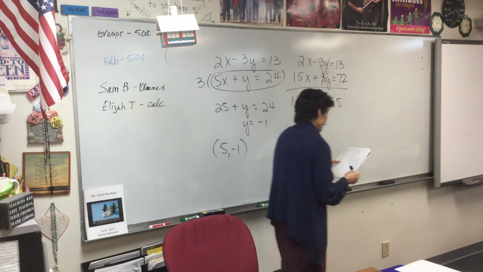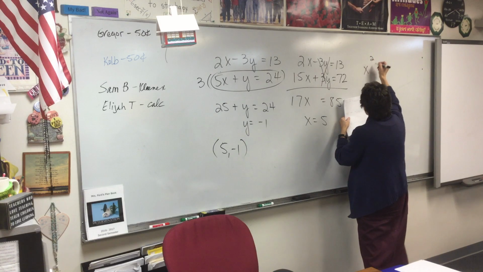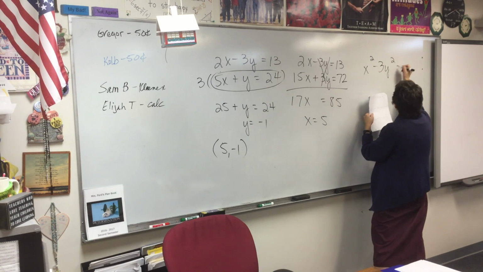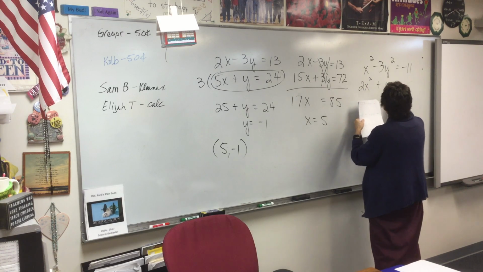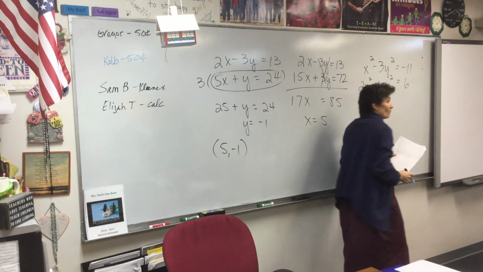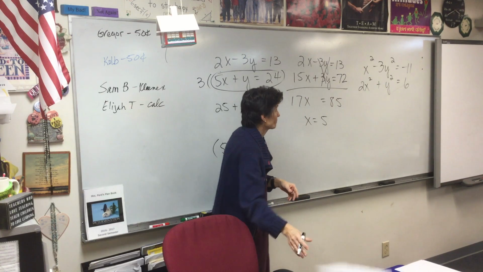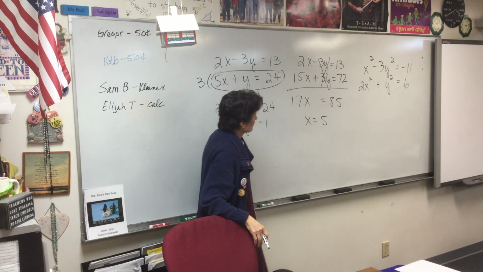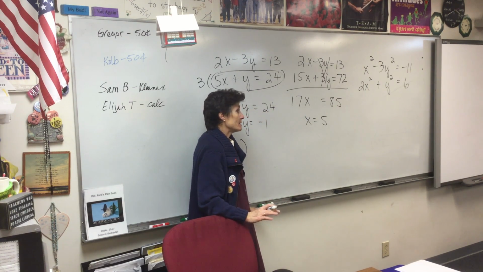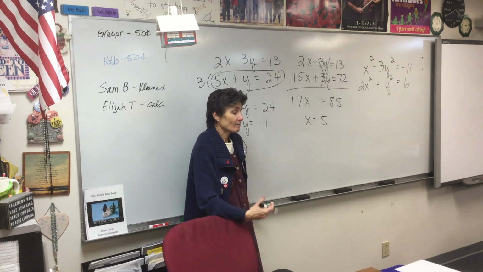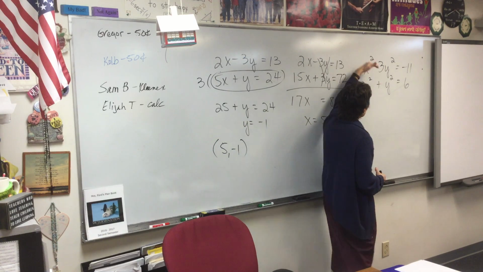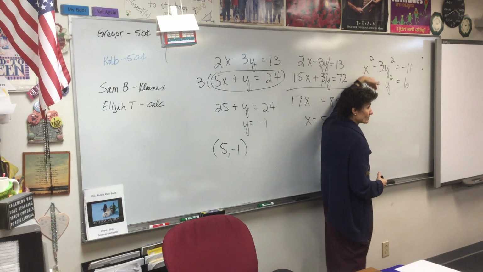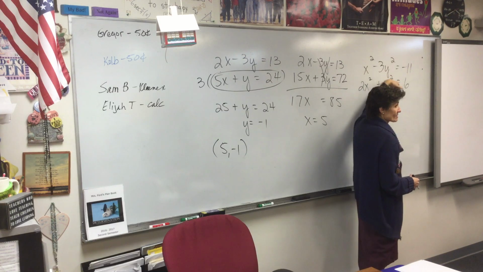All right, so let's look at number 4. Do not panic just because these are squares. Things are going to eliminate in exactly the same way. So take a look at it. You've got options. Do whatever's easiest for you, but you have to make it so either these cancel out or these cancel out.